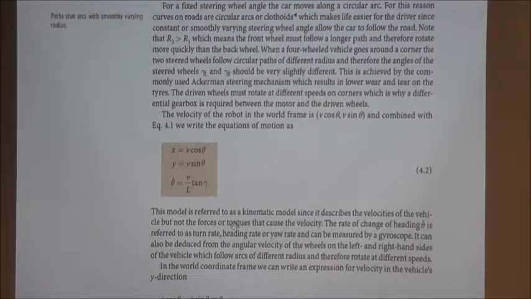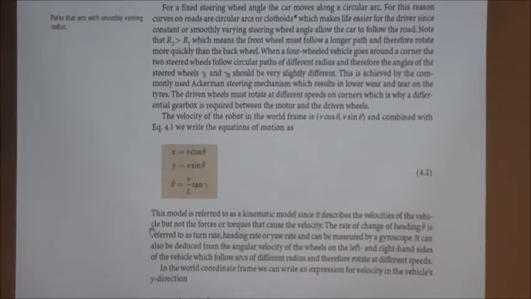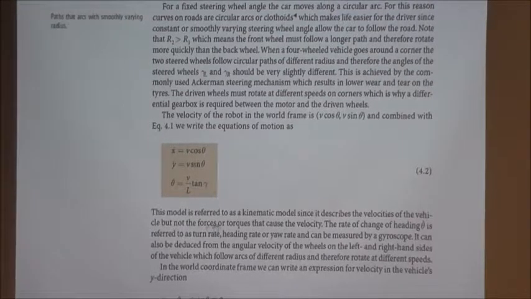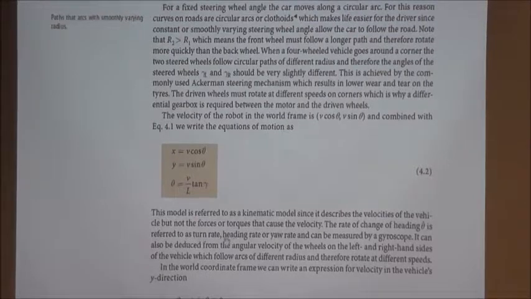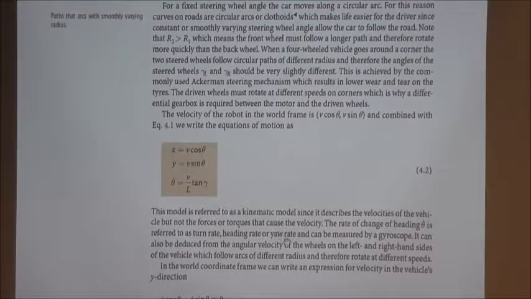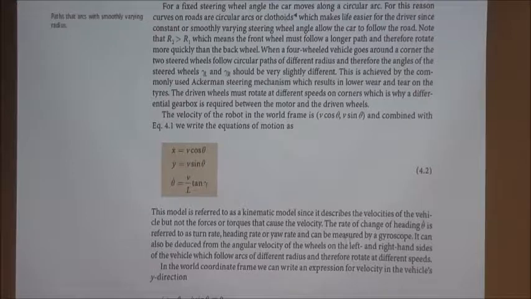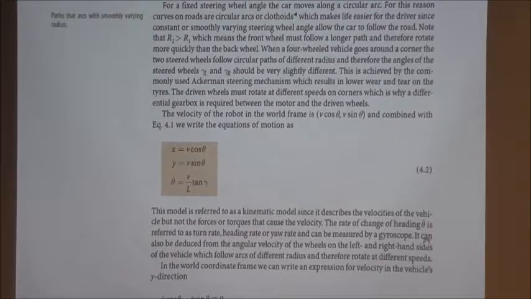So this model is called a kinematic model since it describes velocity of the vehicle, but not the forces or torques that cause the velocity. The rate of change of theta, theta dot, is referred to as the turn rate, heading rate, or yaw rate, and can be measured by a gyroscope.